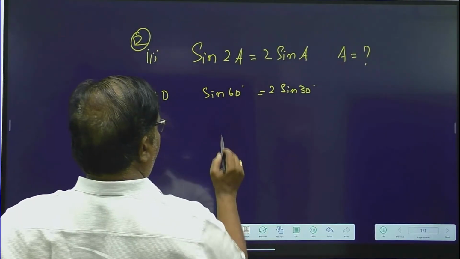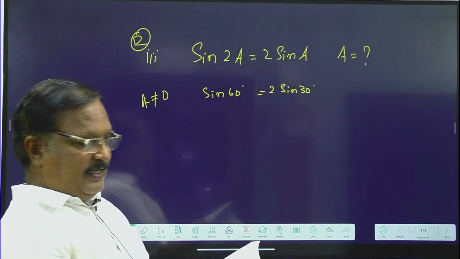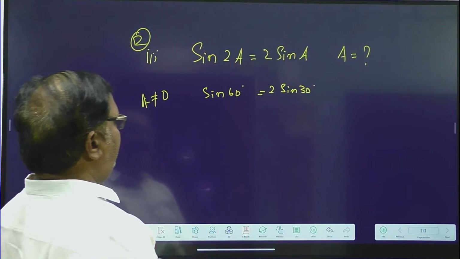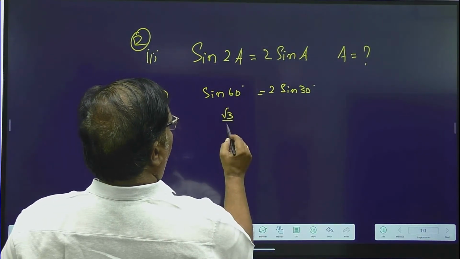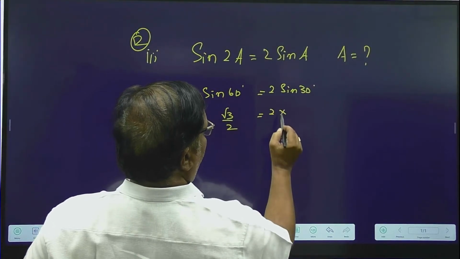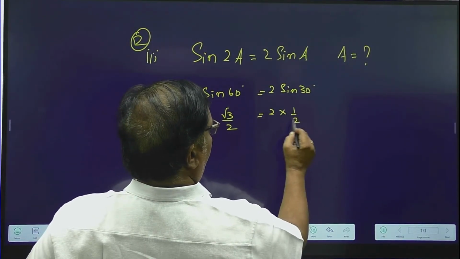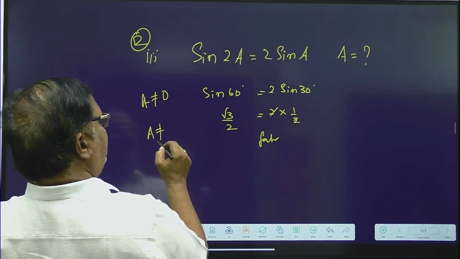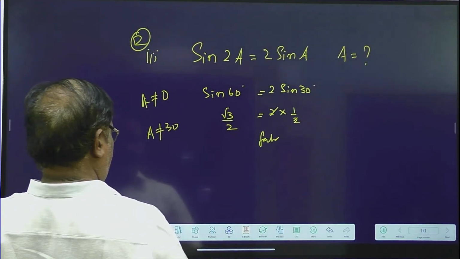Sin 60 is root 3 by 2, and 2 into 1 by 2 is 1, so false. So a is not equal to 30 degrees.